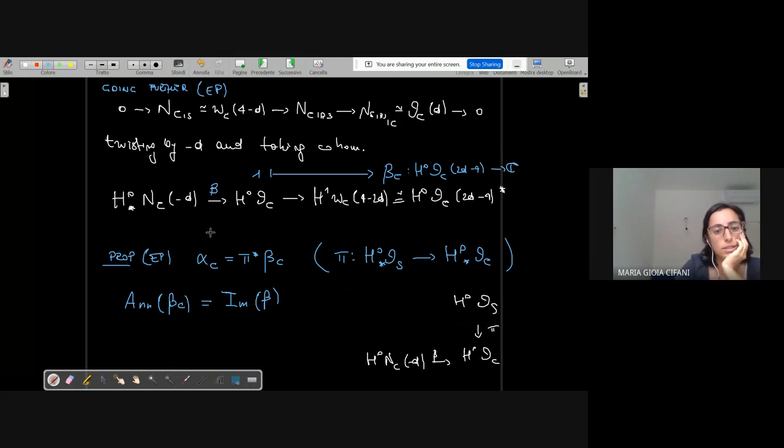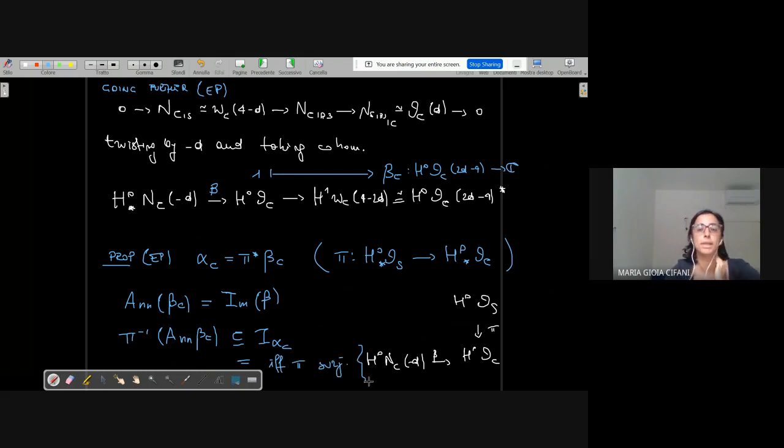The other thing that we have from this is that if we take the annihilator of beta C and we take pi minus 1, this is in general contained in the annihilator of alpha, with equality if and only if pi is surjective.